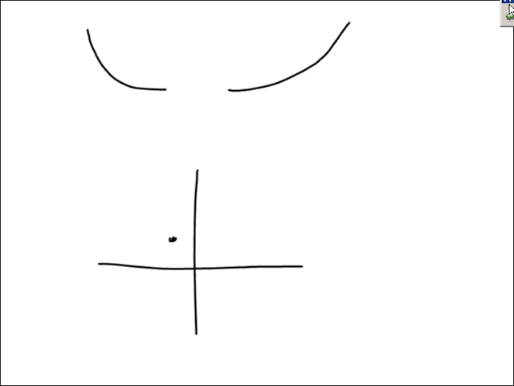To argue it very clearly, if you're either going to draw this or that, and I give you 2 points, well, with these 2 points, you're not going to be able to draw anything that looks like this. It's going to have to be that one.